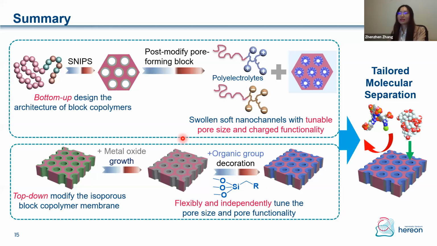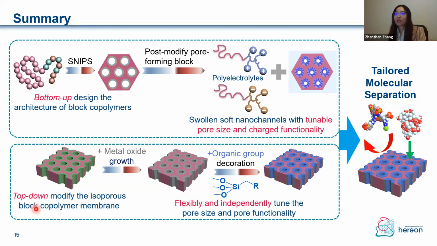So just to quickly sum up, our goal is to build a proper membrane system for molecular separation beyond the typical size-based selectivity. We propose two approaches. One is a bottom-up design of the architecture of the block copolymer, and then post-modifying the nanochannels with tunable pore size and charged functionality.